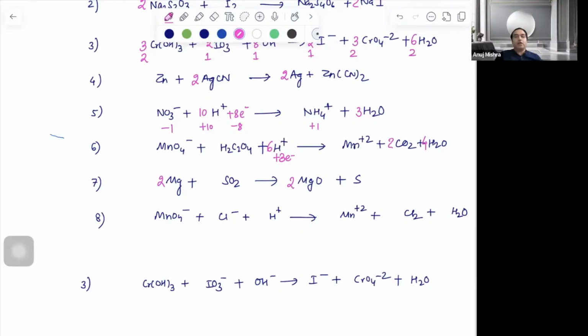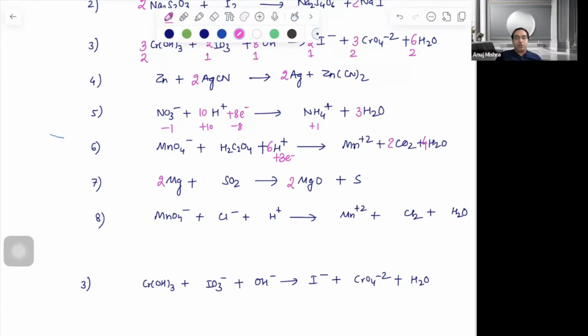Mn is balanced. Oxygen, 4 plus 4, 8, and the right side is 4 plus 4, 8, balanced. Hydrogen 2 plus 6, 8, and the right side is 8, balanced. Carbon, 2C is balanced.